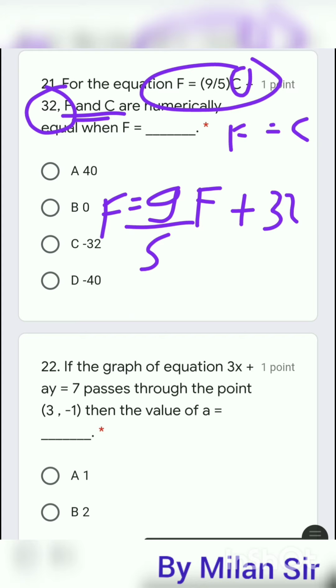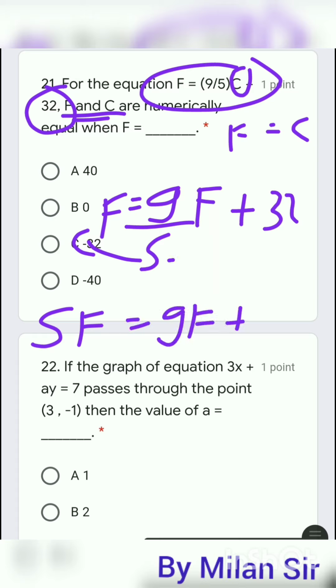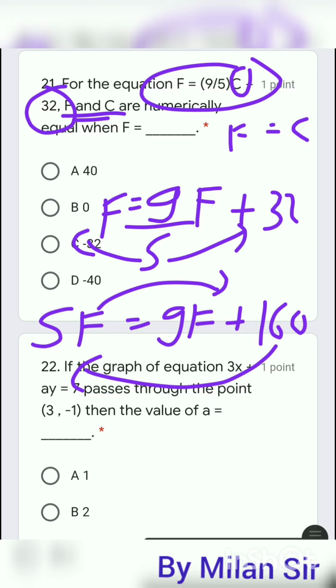Now take the LCM here. So 5 multiplied by F, 5F = 9F + 32 multiplied by 5. 32 multiplied by 5 is 160. Right? Now transfer 160 to the left hand side and 5F to the right hand side.